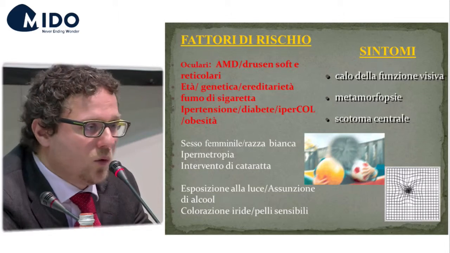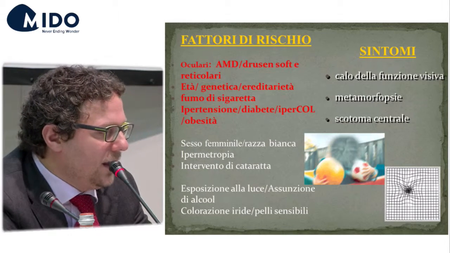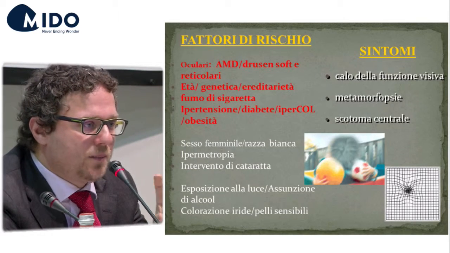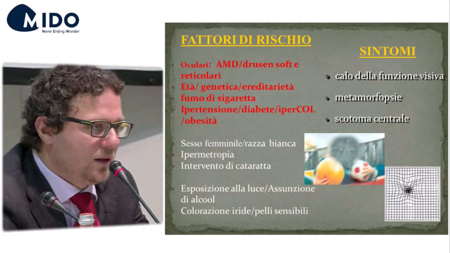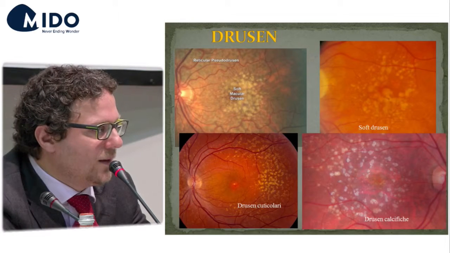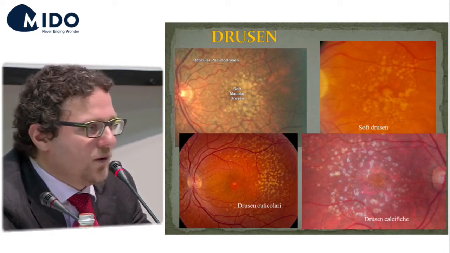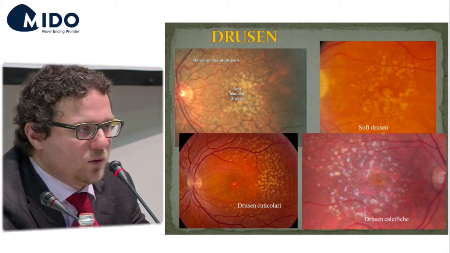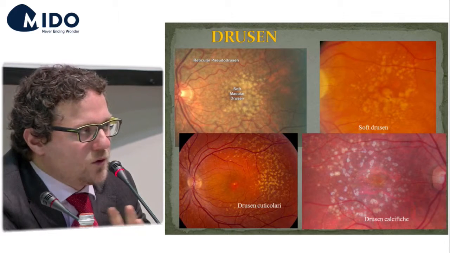Maculopathy leads to progressive decrease in vision and a fixed central spot. The patient can't read, can't see near, so it's highly disabling. And you see, retinal signs of the initial form are drusen, and we have various types of them.